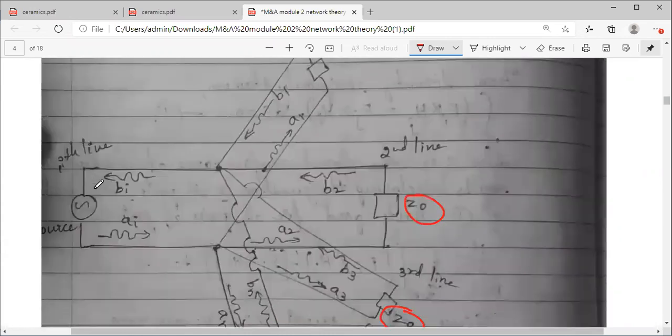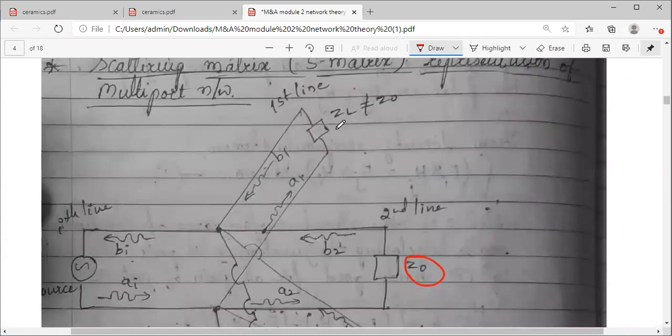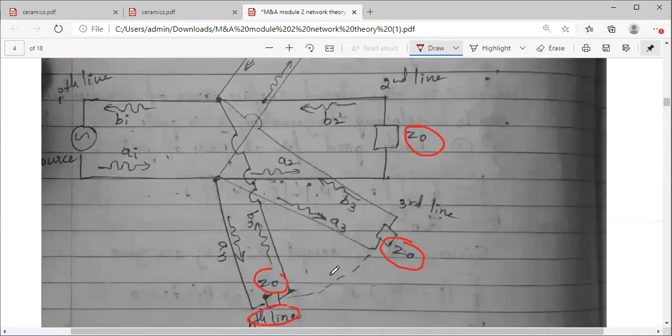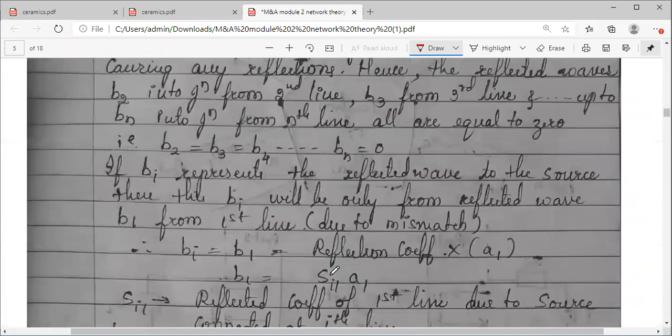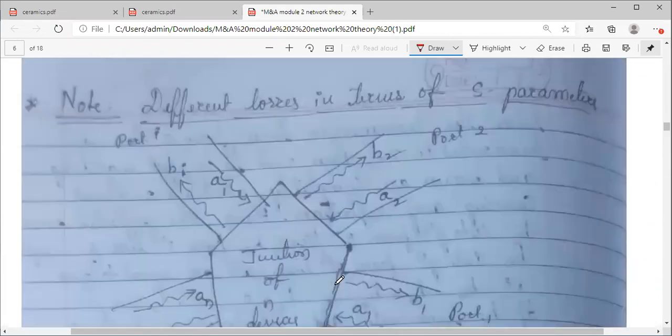Except for any one port, every time all other lines are matched loads, matched terminated. So no reflections from those ports. Only the line which we consider for our equation writing will have reflections, but all other lines are in a perfectly matched condition. Because of this, I have written that statement here.